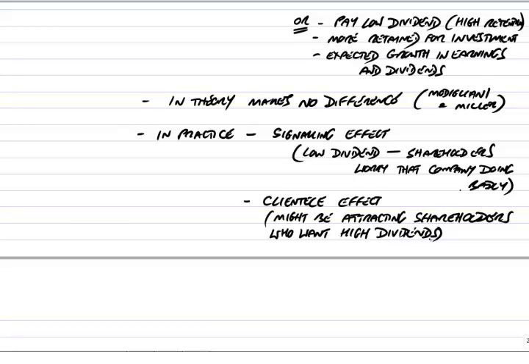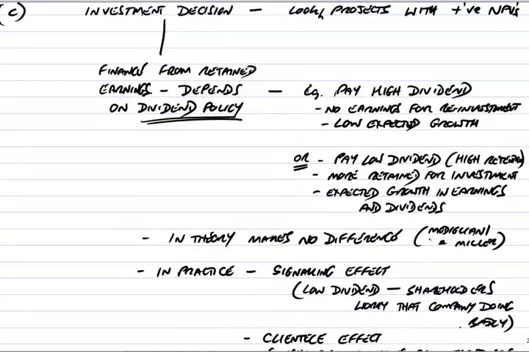Well, again, it's no good saying to them, we're paying a low dividend, but don't worry, you'll get growth. If they want the cash, they're going to have a problem. So that's what we need to say about dividend policy.